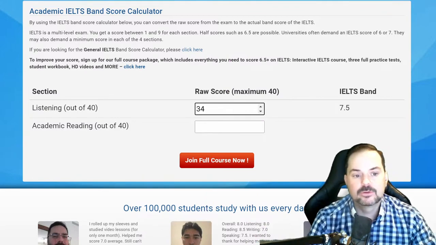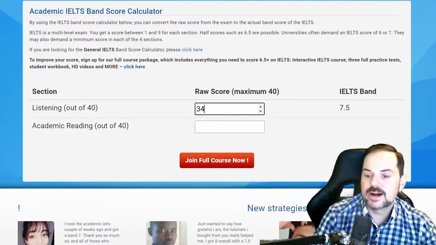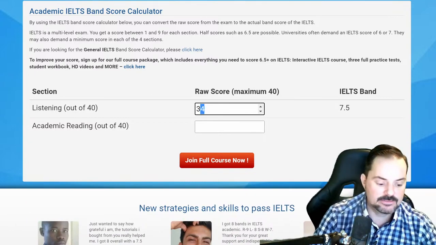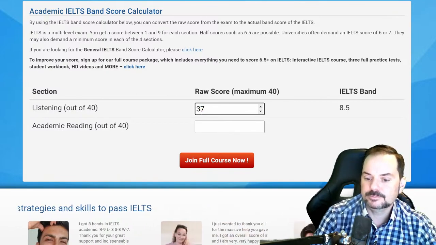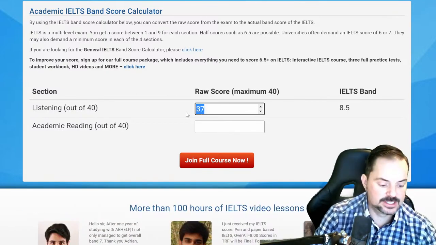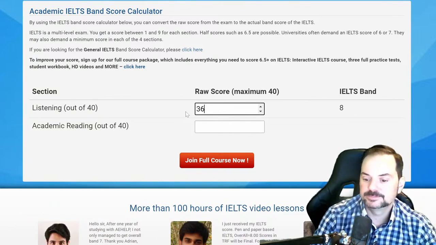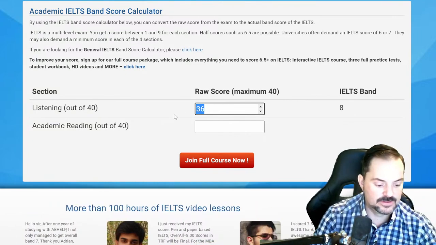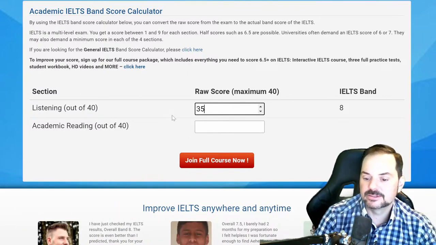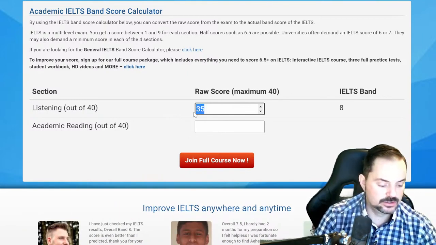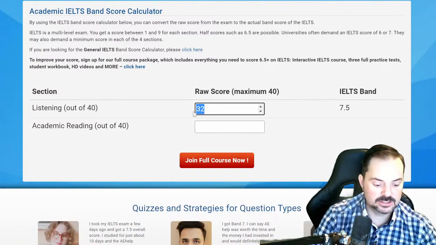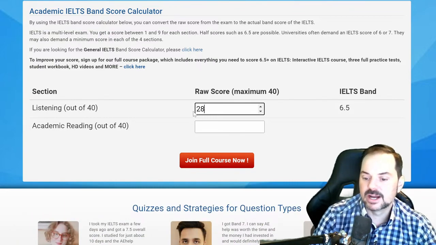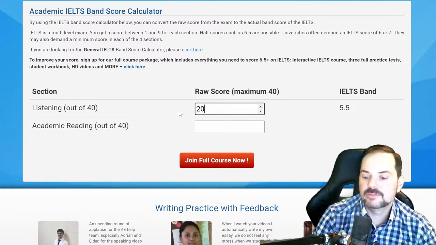So Harjot says 34. Harjot, that would be a 7.5. Okay, Bogdan says 37. That would be an 8.5. Dhirendra says 36. That would be an 8. Fong says 35. That would also be an 8. Nipa says 32. That would be a 7.5. Black Panther says 28. That's a 6.5. Donzi says 20. That would be a 5.5.